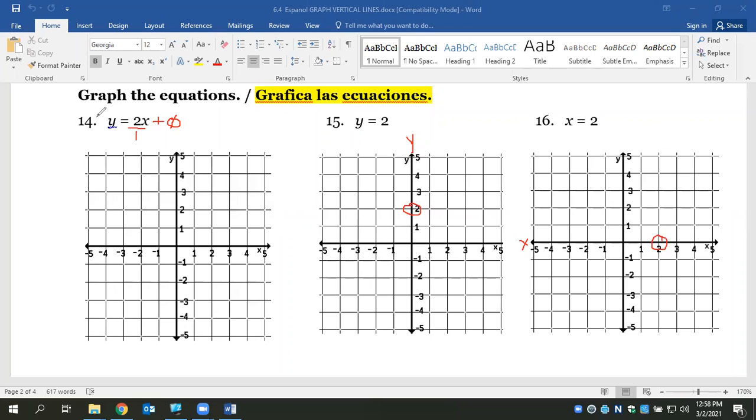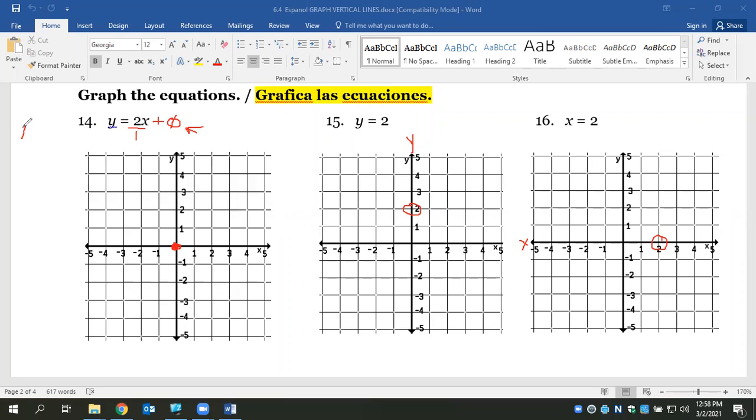Okay, let's go back to 14. y equals 2x plus nothing. So, okay, this is my y-intercept. So that means that my y-intercept is going to be right here at 0. And it's 2 over 1.